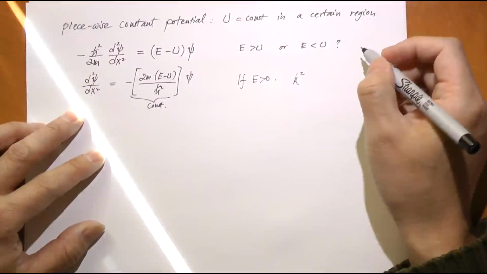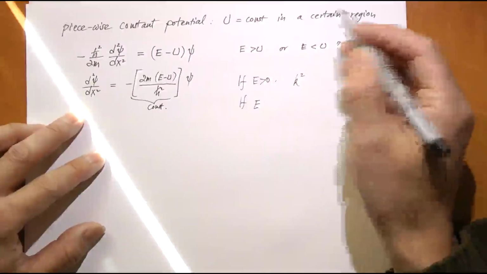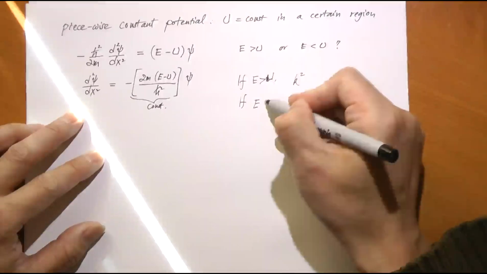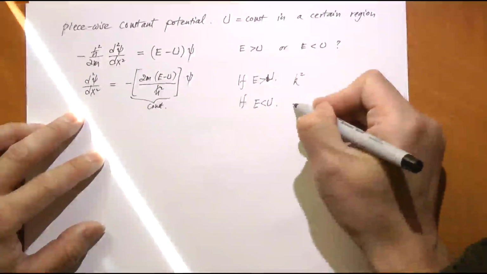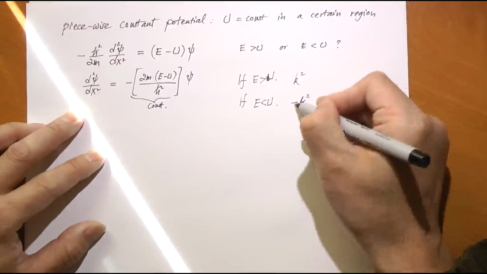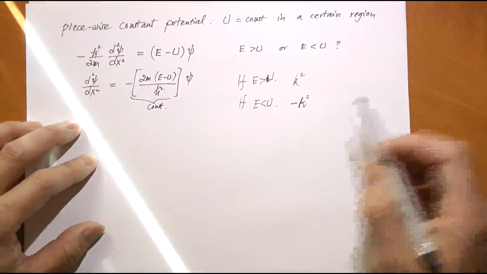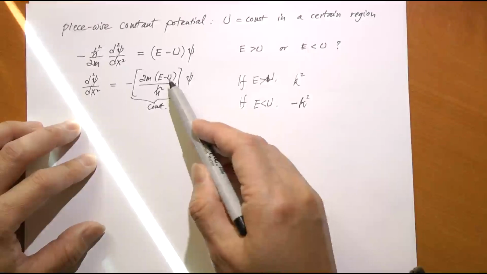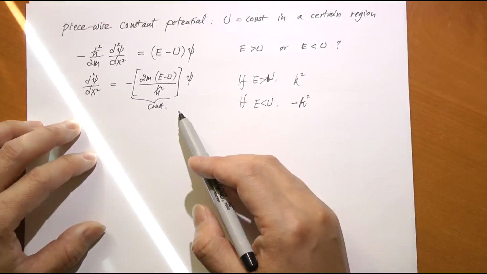If E is less than U, that constant is negative, and I'm going to call it negative kappa squared. Kappa is a positive constant, but you have a negative number in front of that. So you have two distinct types of solutions, depending on whether E is greater than U or E is less than U. In our case, we have two regions.